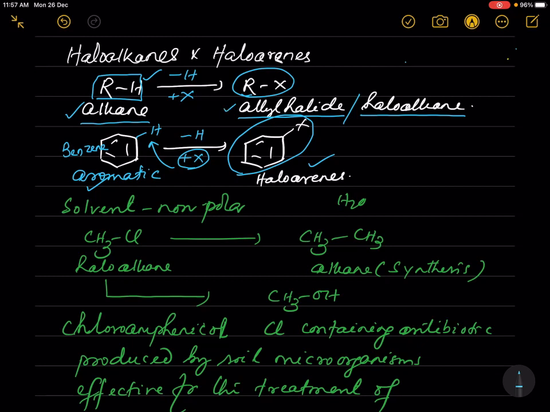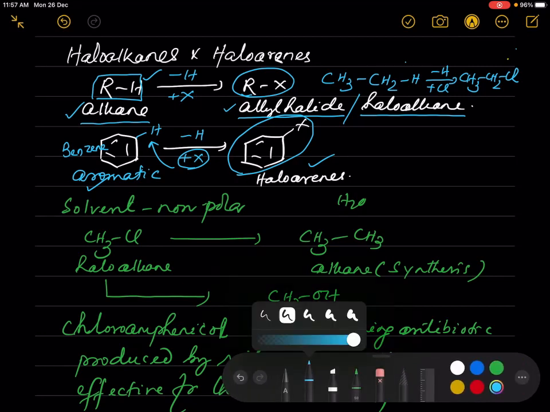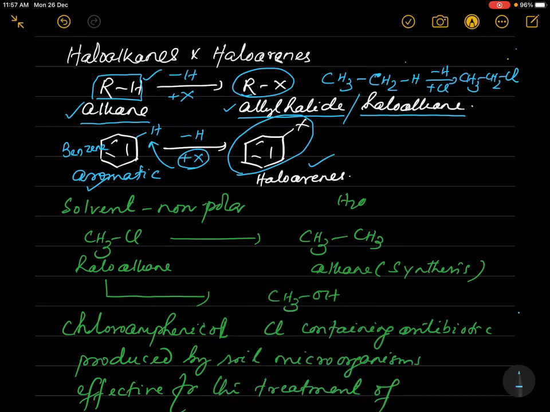In alkyl halide, you can take the example CH3CH2H. Remove this H, add one chlorine, you will get CH3CH2Cl. Here this carbon attached to the hydrogen atom, or over here attached to the chlorine atom, is sp3 hybridized.